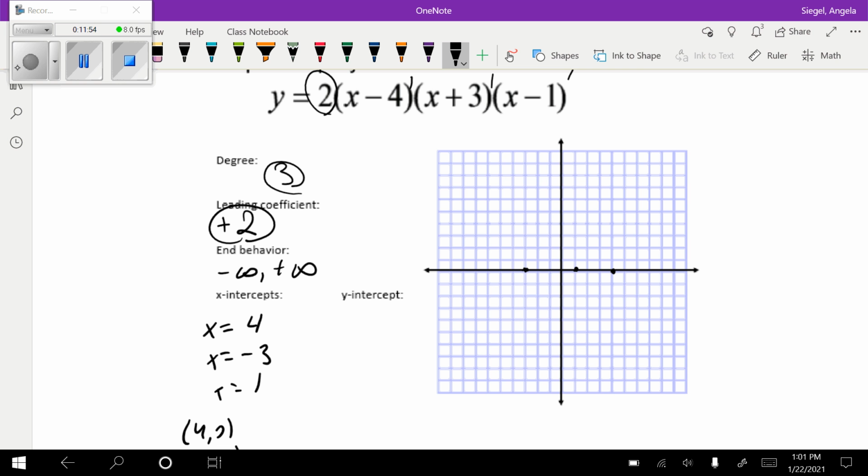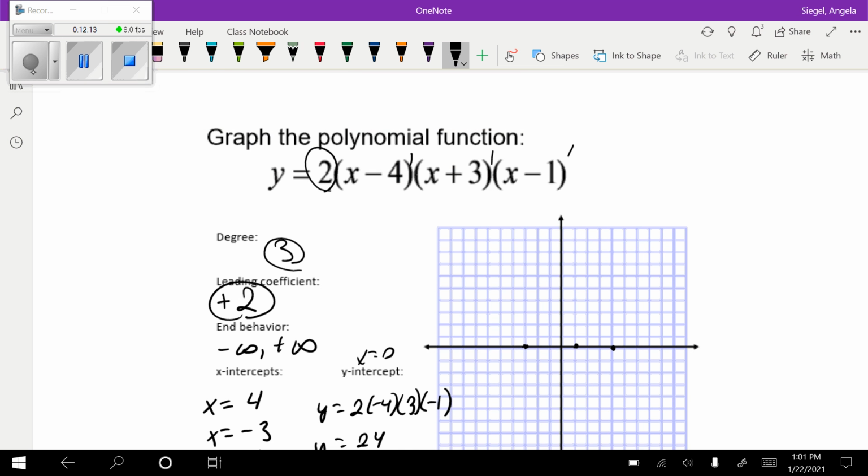Okay, and then the last thing is a y-intercept. So I'm just going to set x equal to 0. So I have -4 times 3 times -1. And I get my y-intercept is 24. So it is 0, 24. So this is way big. So I'm going to just mark that up here.